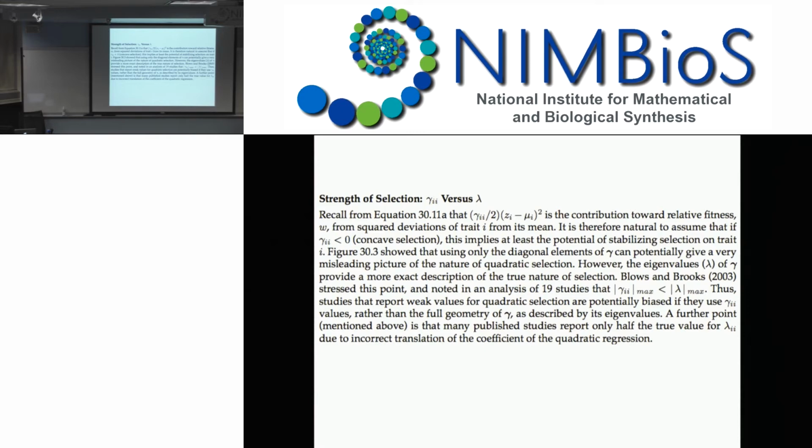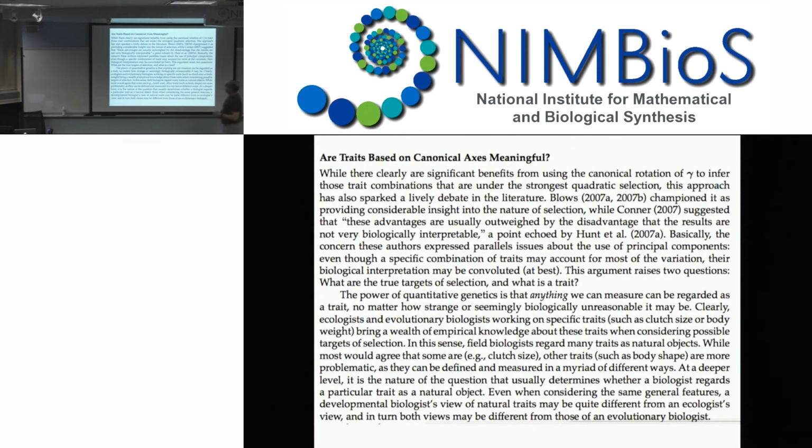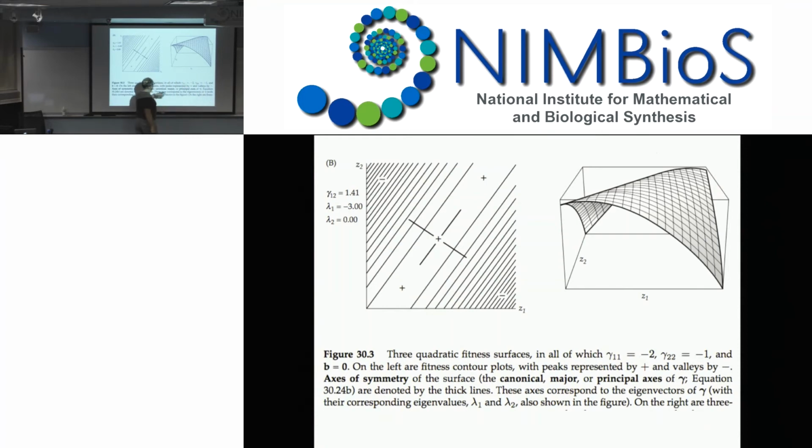Anyhow, what they had noticed was, if you look at the gamma ii values in 19 studies, that the largest eigenvalue is usually more extreme than the gamma ii values. Let's go back to here. So if you look at the gamma ii, you'd see 2 and 1. The eigenvalues say the real story is much stronger selection in one direction and no selection in the other.